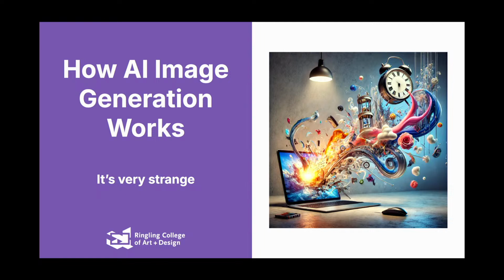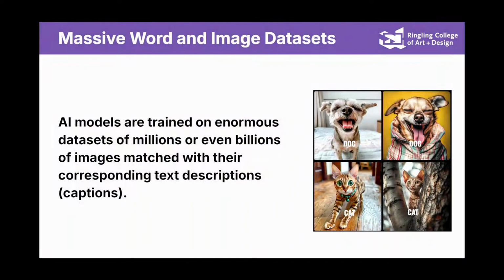So I do want to talk some about how image generation works with AI, because it is strange, and I think it's important to think about how strange these tools actually are, because they feel so easy and familiar. So we start with a massive pool of data, right? Words matched with images.